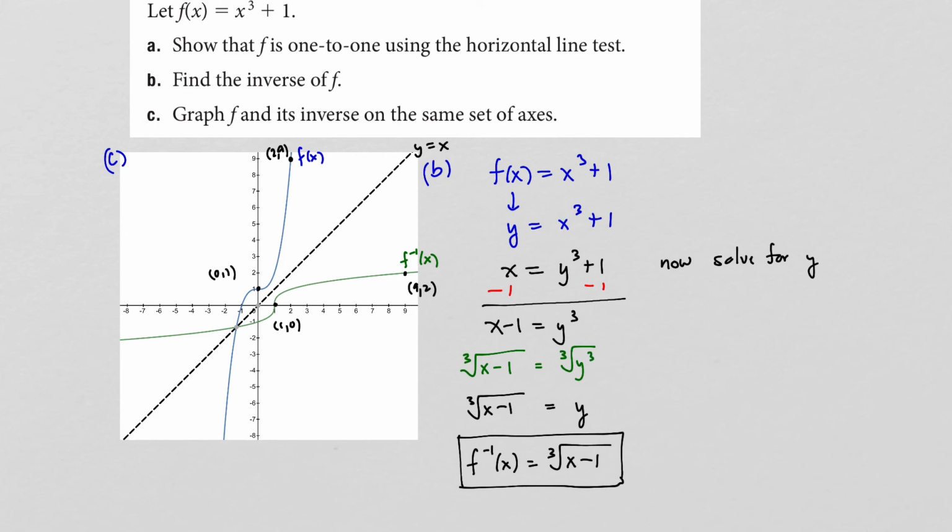And again, those are symmetrical points because they go directly across that line y equals x, perpendicular to it. And in fact, every point that you have over here has a mirror image across that line and on the inverse.